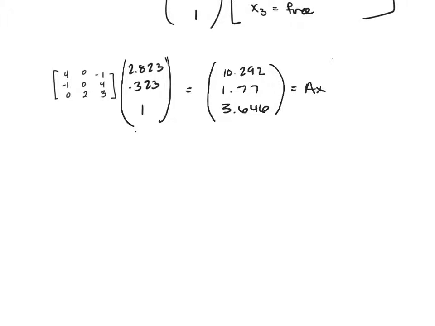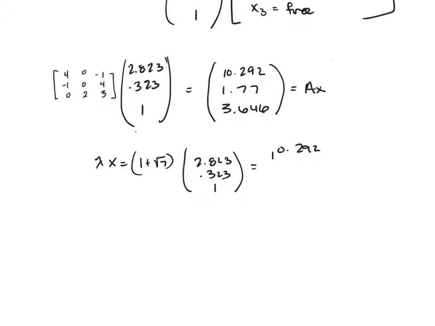So then the next question is lambda and x, which would be, in this case, 1 plus root 7 times 2.823, 0.323, and 1. And I got 10.292 and 1.177.